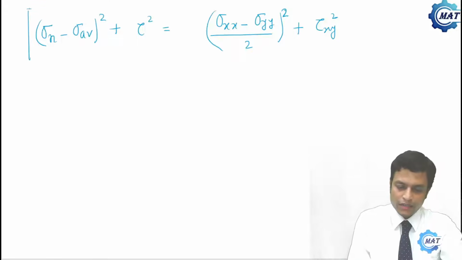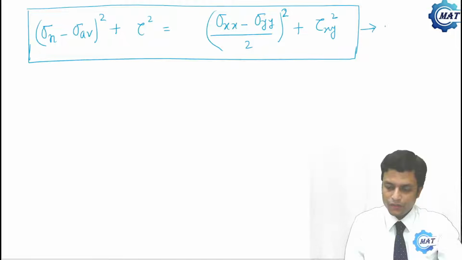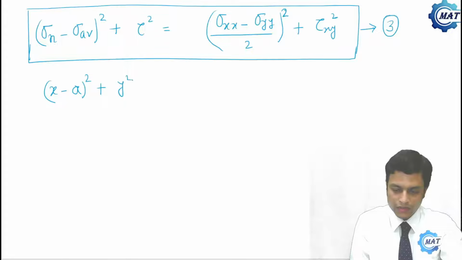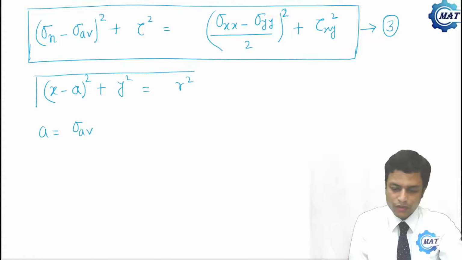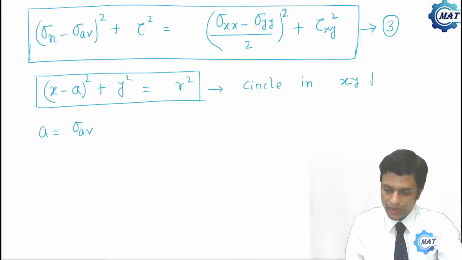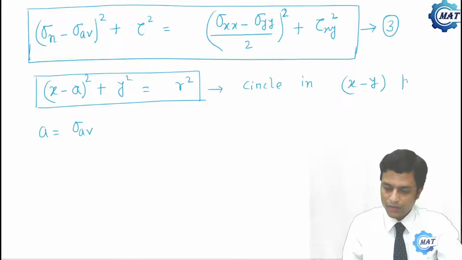So this equation, say equation number 3, is analogous to what? x minus a whole square plus y square is r square. Here a is sigma average. We know that this is an equation of a circle in the xy plane, because variables are x and y.